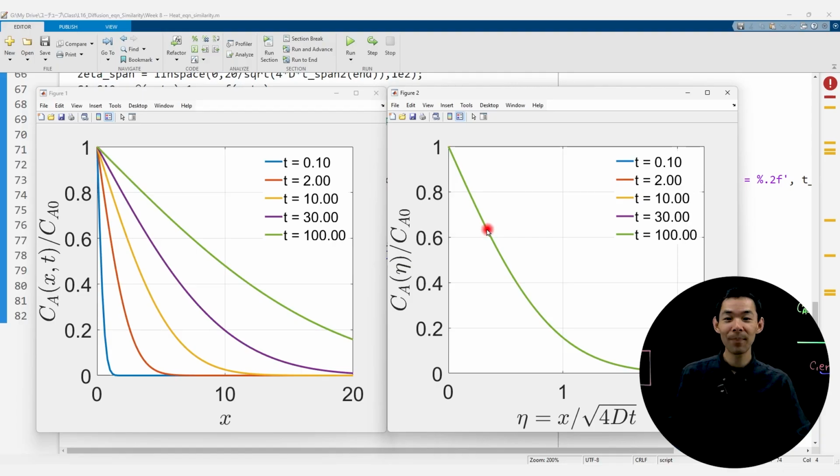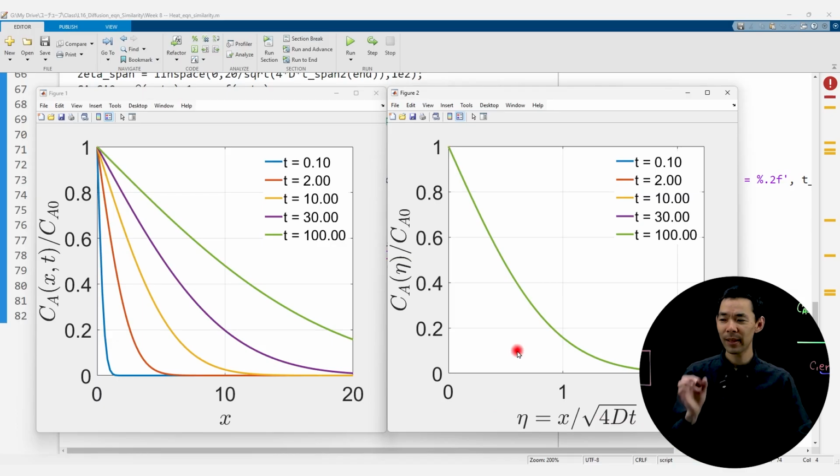What you're seeing here is that the green curve is overlapping all the other curves beneath it. So there's actually a blue, orange, yellow, purple, green curve all hidden inside this single universal curve. So there's actually 5 curves all overlapping on top of each other. But like I said, that's kind of meaningless to think about because there's no notion of space and time as separate independent variables anymore. All you need to know is the single variable of eta.